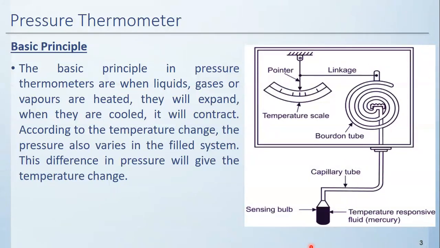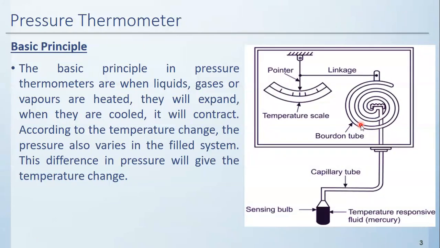Here you have a sensing bulb which senses the temperature of the liquid to be measured. This sensing bulb is filled with some liquid, mostly mercury, because mercury has a good thermal expansion capacity. It is connected to a capillary tube, and at the end you have a Bourdon tube.